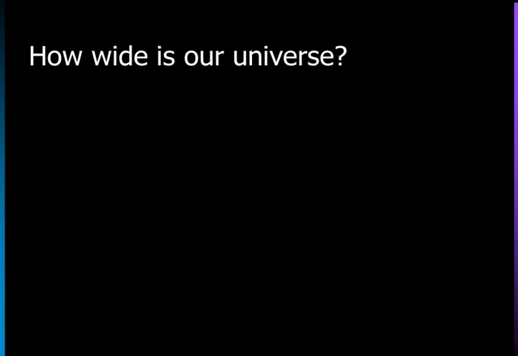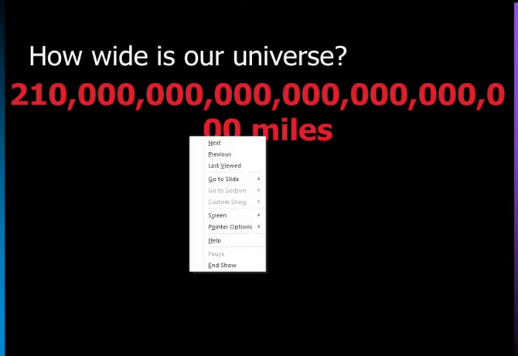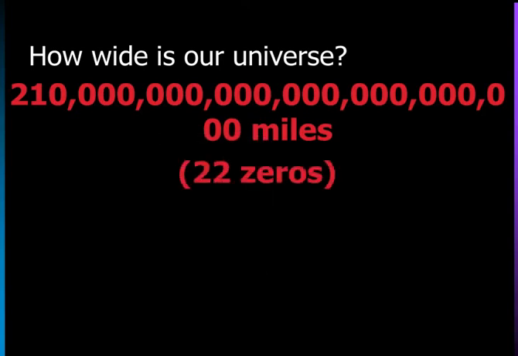But let's first say you were asked to do research about the width of the universe. You will discover that it is such a big number that it has 22 zeros in it. So it's difficult to write.